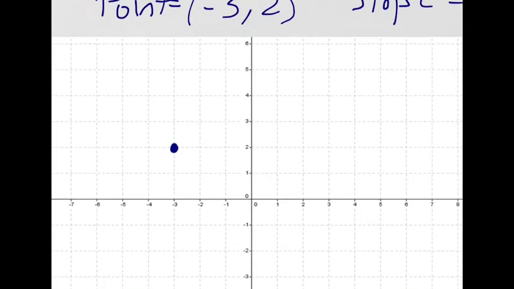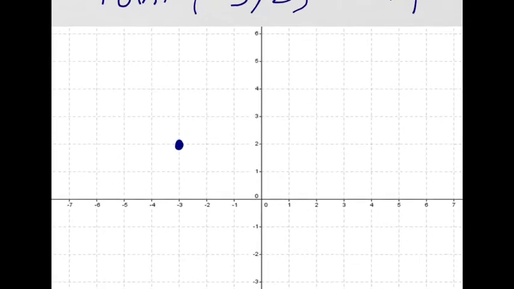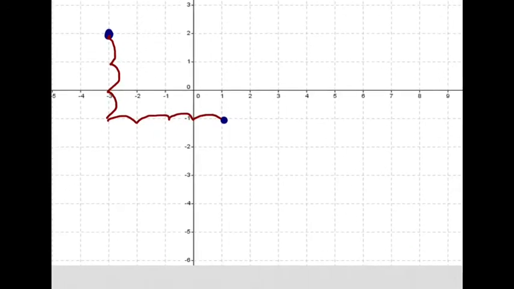I go 3 down, so that's 1, 2, 3, and then 4 to the right: 1, 2, 3, 4. And I plot a new point. Then I do it again. 3 down, 1, 2, 3, 4 to the right, 1, 2, 3, 4. Plot a new point.